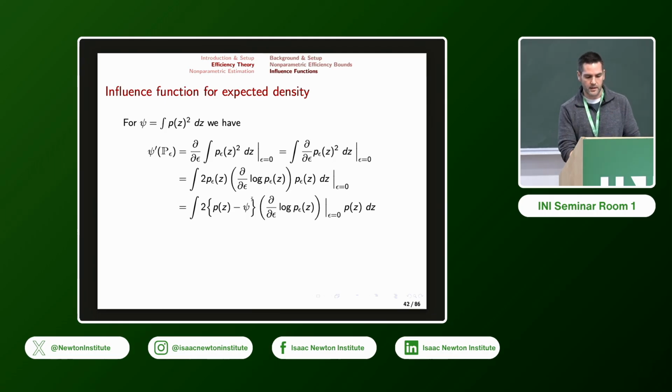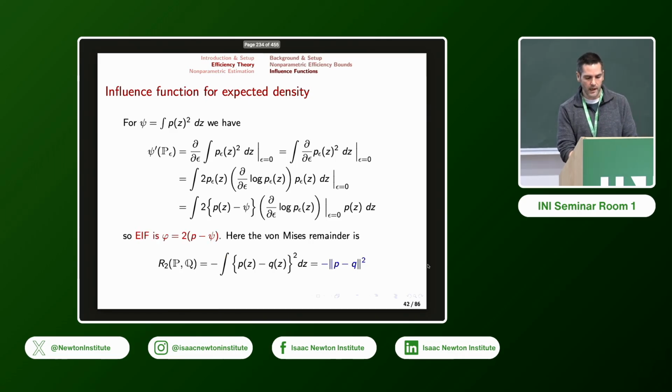And so that tells us that this is the influence function for this parameter, 2 times the density with some centering. And once you do this, you can then write out what that remainder is. It's the difference in the parameter minus the inner product. And it turns out that the remainder in this case for the expected density is minus the squared L2 difference between the two distributions you're looking at.